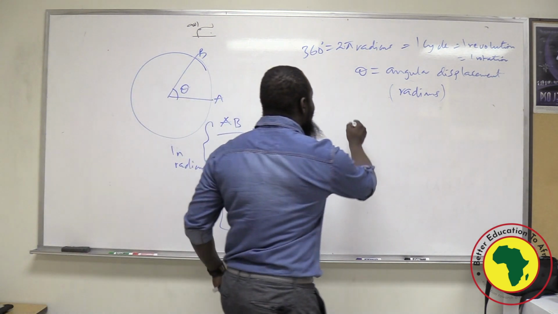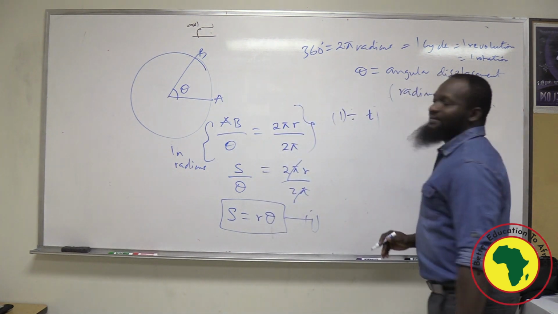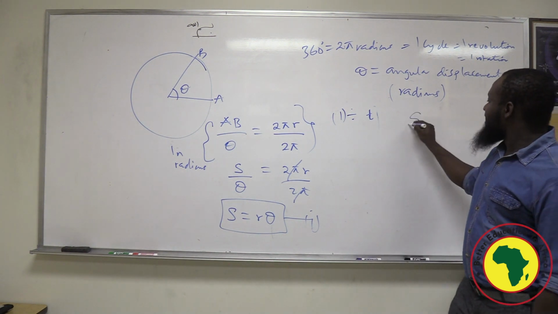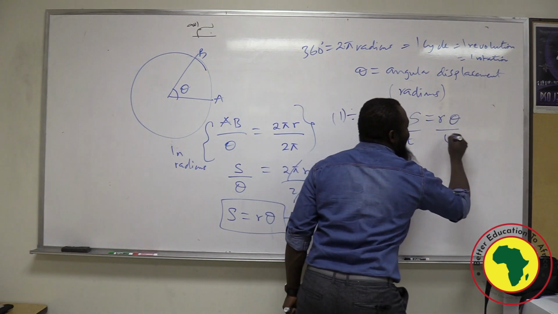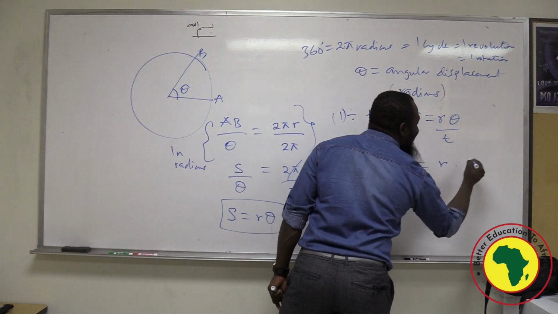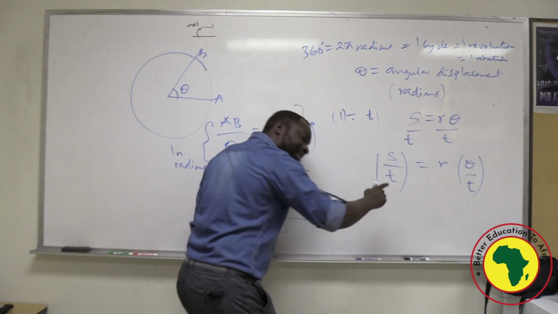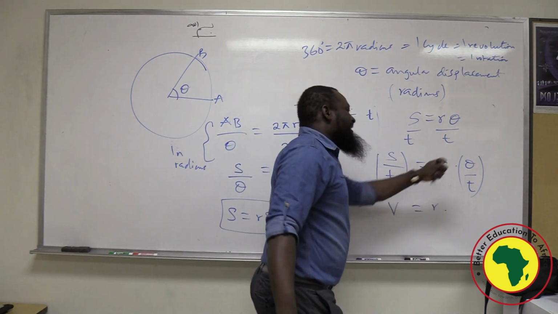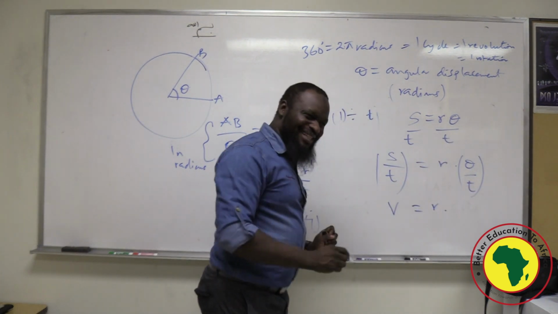Now, I'm going to divide equation 1 by time. If I divide equation 1 by time, I get S over time on the left-hand side equals R times theta over time on the right-hand side. S over time is linear displacement divided by time, that's linear velocity V. Theta over time is angular displacement divided by time, that's angular velocity omega.